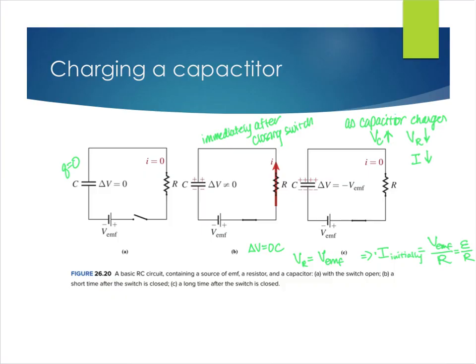The reason is that the potential difference across the resistor and the capacitor will always be equal to that of the battery. So it's one of those cases where it adds up to be a certain value, which is the EMF of the battery. But as the potential of the capacitor gets bigger, the potential of the resistor has to get smaller, so they still add up to be the same value.